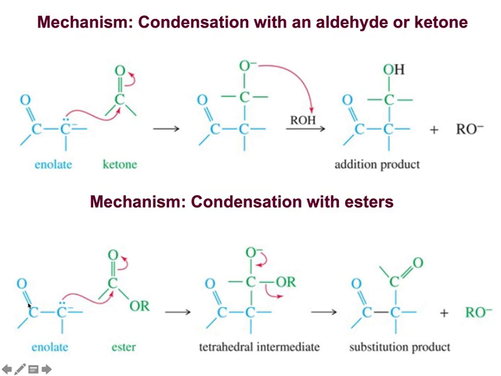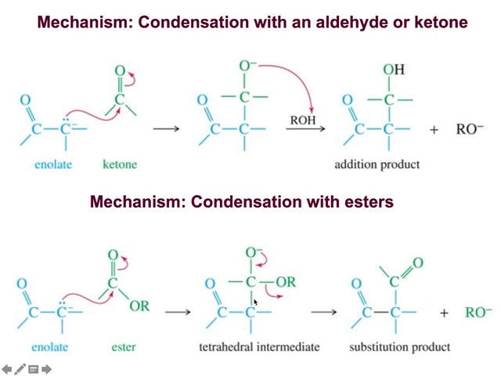For ester, the steps are the same. The nucleophile attacks this electrophilic C double bond O, so the pi bond will cleave. The ester has OR here, and then becomes the intermediate. For the above aldehyde or ketone, this is the intermediate, and this one is for ester.